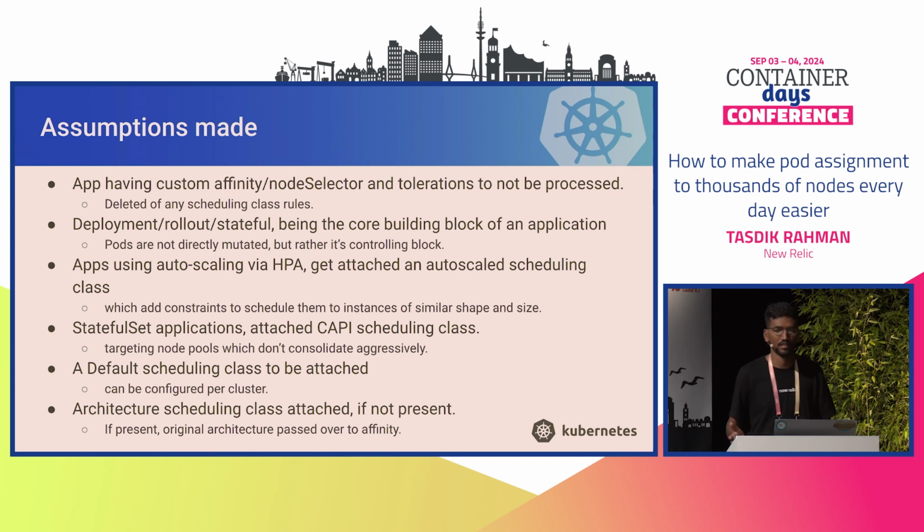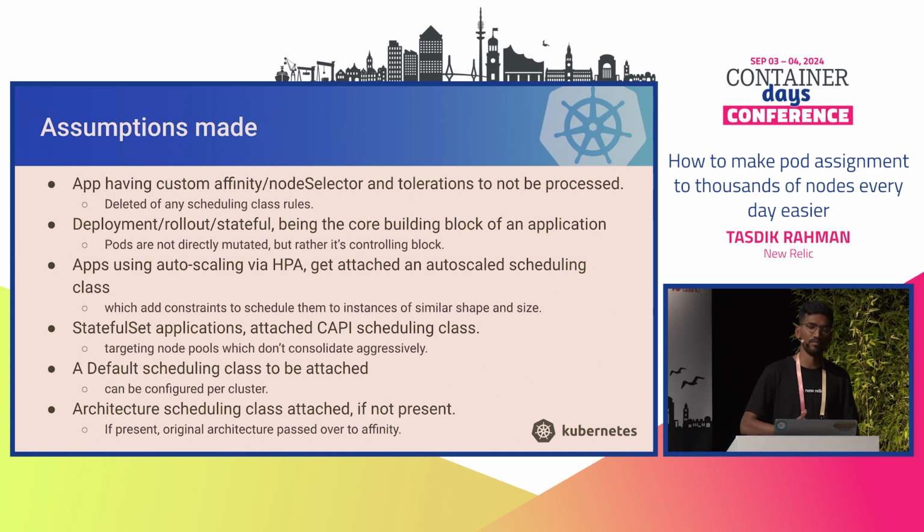Another thing which we wanted to be opinionated about was that for stateful set applications, we would attach the CAPI scheduling class, which would target nodes which don't really consolidate that aggressively. As you can imagine, in Karpenter, because it optimizes for costs more often and more aggressively, it would also deprovision the nodes in that manner.